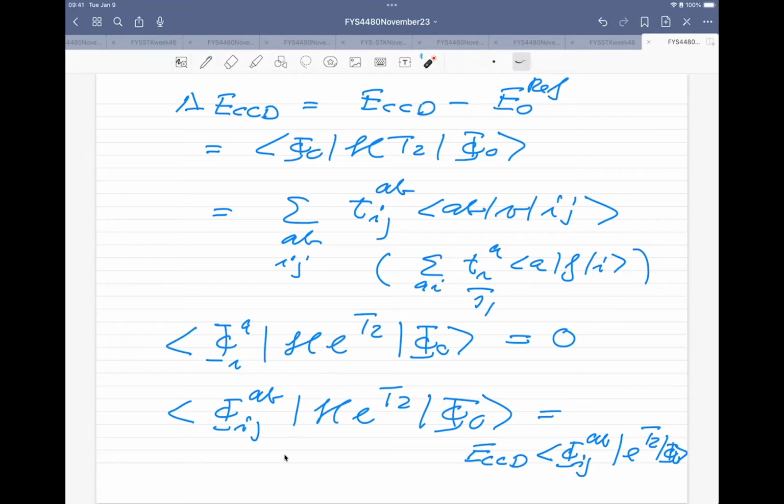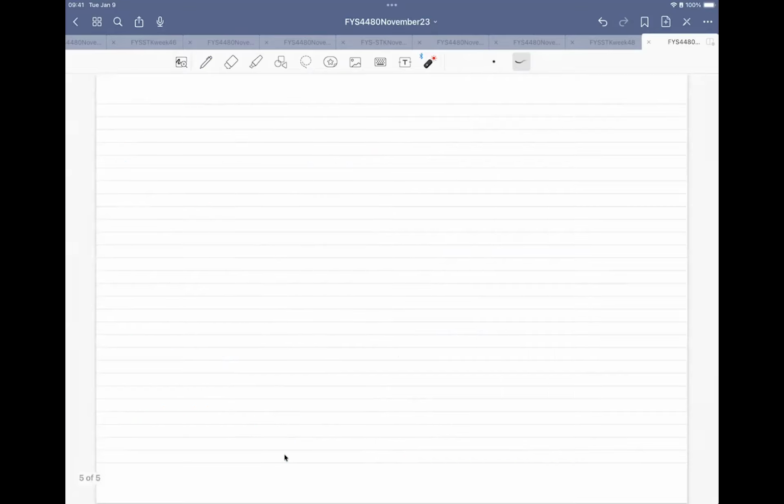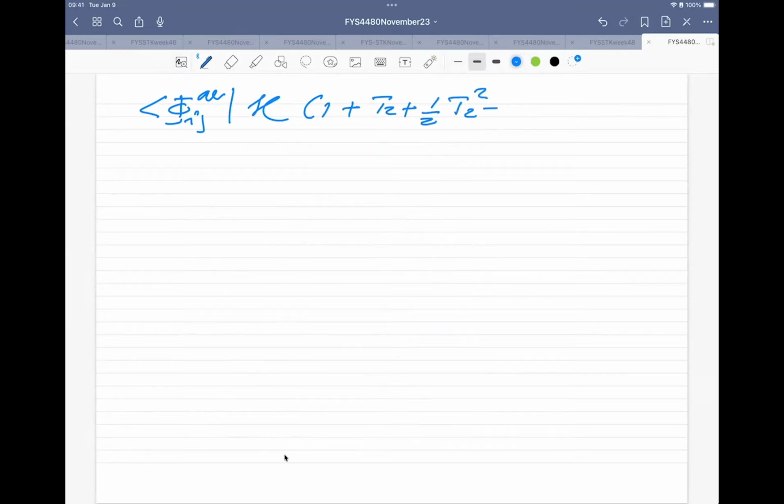So let's just look at the right-hand side quickly, and then we are going back to the left-hand side, and we're going to set up the different terms which we also put up last time. So if we now look at these expressions, what we would have is a phi_ij^AB, and then we have the Hamiltonian, and then we have 1 plus T2 plus 1/2 T2 squared, etc., acting on phi 0.